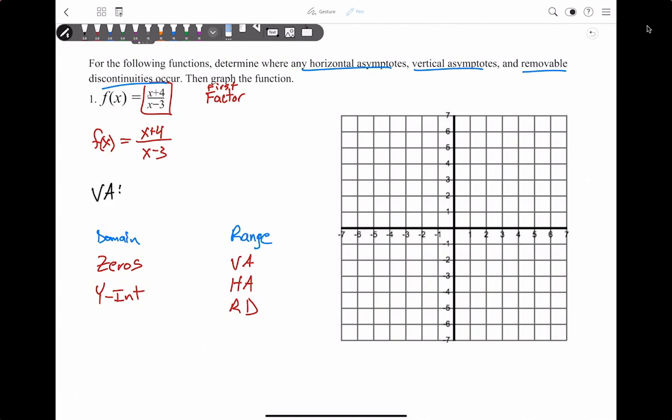Okay, so that's taken care of. And I can look at the domain. That's taken care of. And now I can look at the horizontal asymptote and the removable discontinuity. And the range is going to be dealing with that as well.